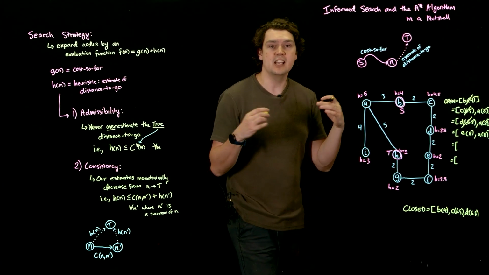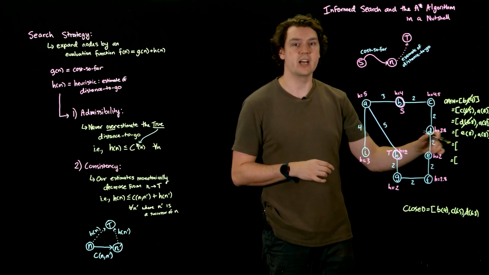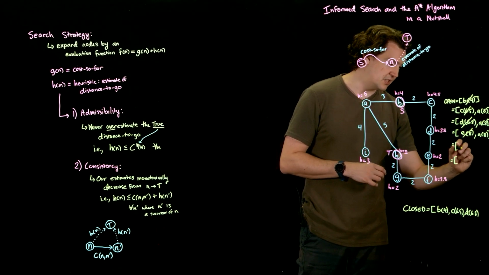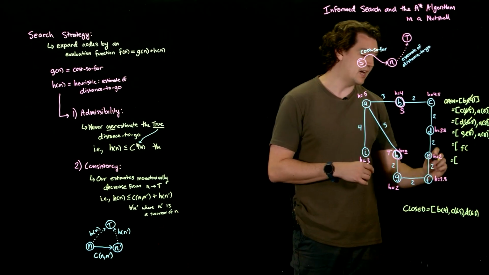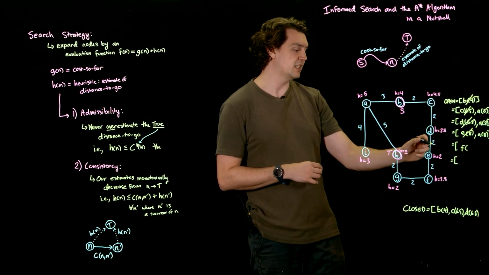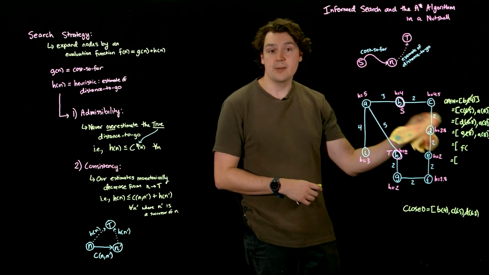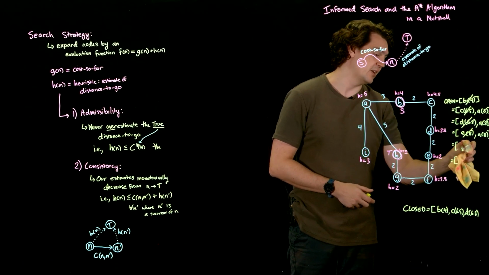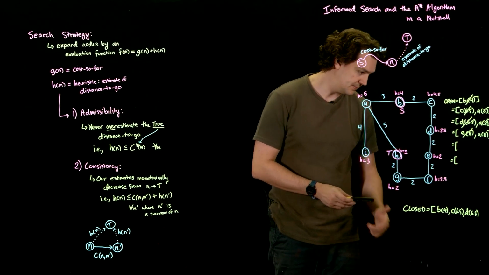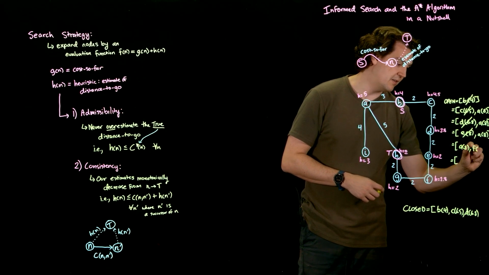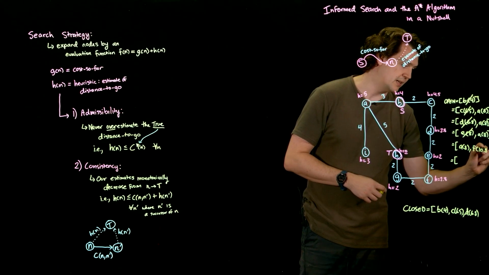So search thinks E probably looks closer, so we're going to just deal with that example. We expand E, we generate its neighbor now, which is F. F is added in with, so 2, 4, 6, 8, 10.8. What that means is F is going to go at the back, right? So A with 8 goes first, then F with 10.8.